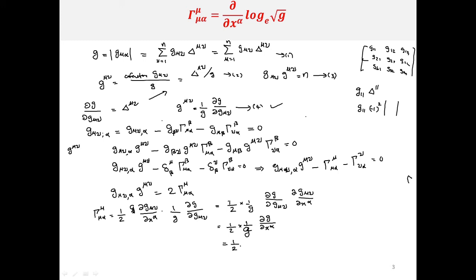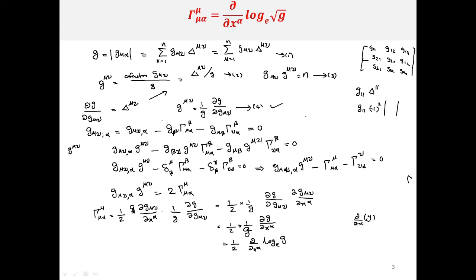You can write this as 1 by 2 into ∂ by ∂x^α of log g. Suppose you are taking the derivative ∂ by ∂x of log y, what will be the value?